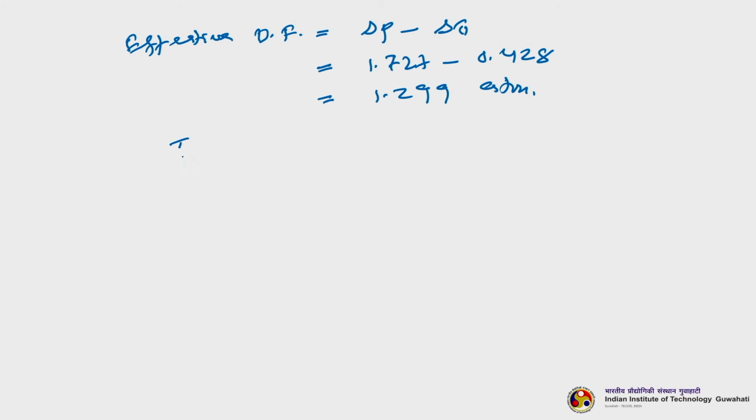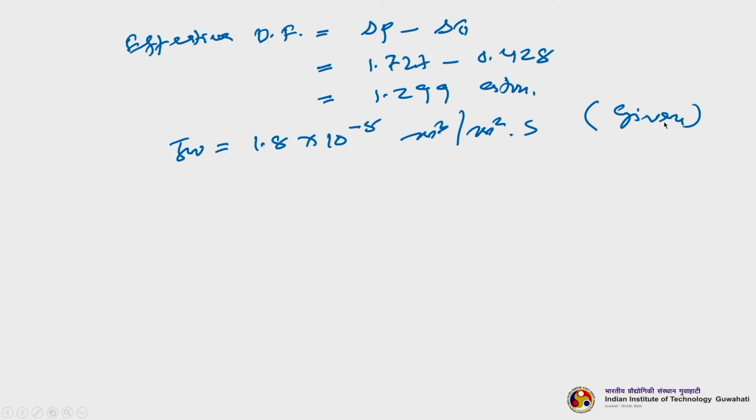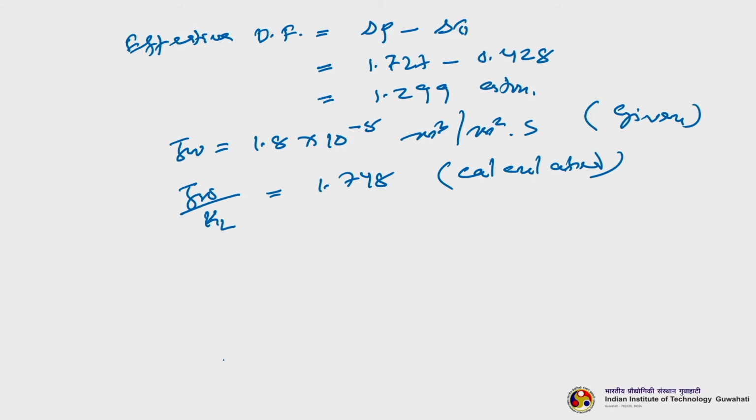Jw is given as 1.8 into 10 power of minus 5 meter cube per meter square second. This is given in the problem statement. And we have calculated Jw by Kl as 1.748 from the concentration polarization modulus equation.